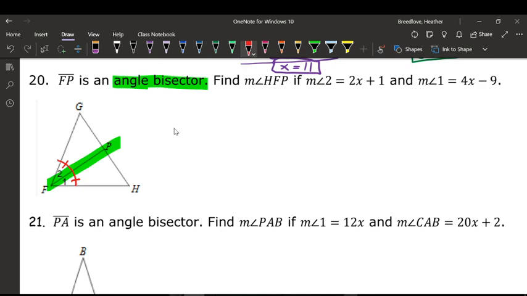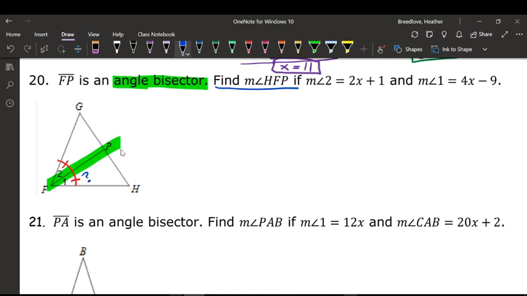Those two are equal. And then it tells me to find the measure of HFP, so angle 1, could have just said angle 1. That's what I'm trying to find, this is what I'm looking for.